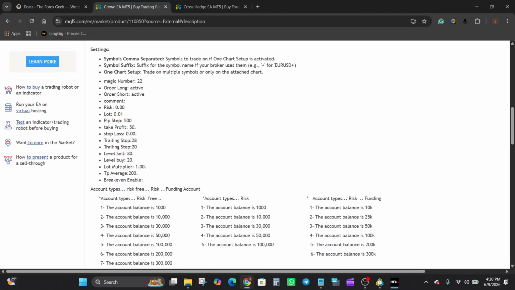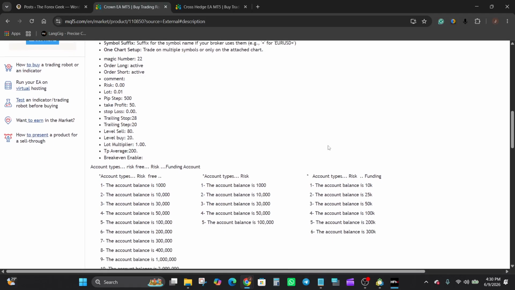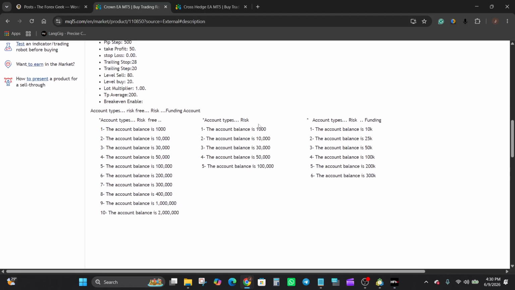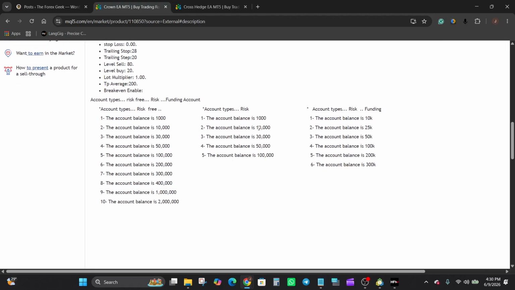The page also includes examples of account balance categories for different usage profiles, including risk-free and funding account configurations. These examples appear to provide guidance on account sizing scenarios rather than specific performance expectations.